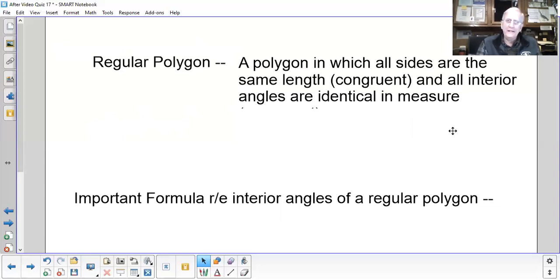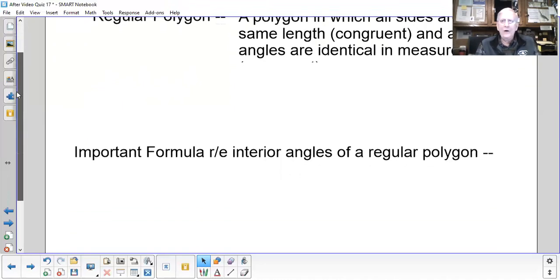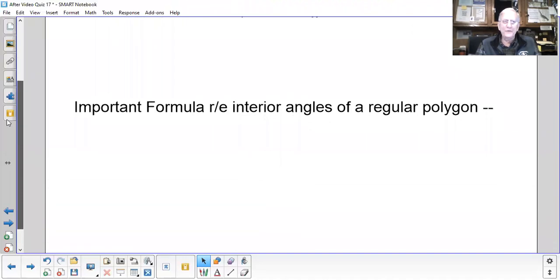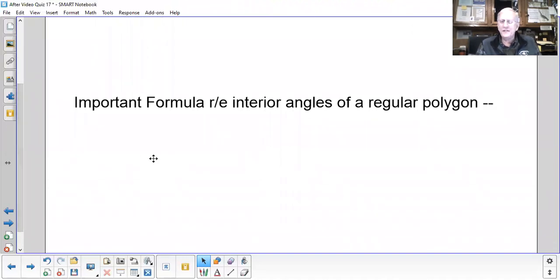All right, now, how about the interior angles of a regular polygon? How could I get how many degrees are in each angle on the inside of a regular polygon? Well, we already know how to get the number of degrees that exist in any polygon. You just take 180 degrees times what? Times the number of triangles you have.